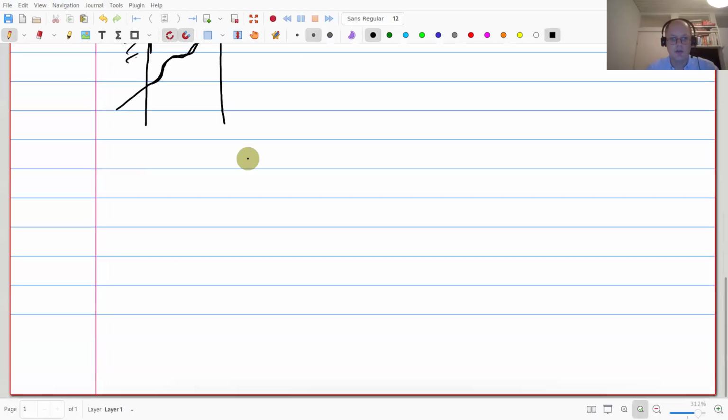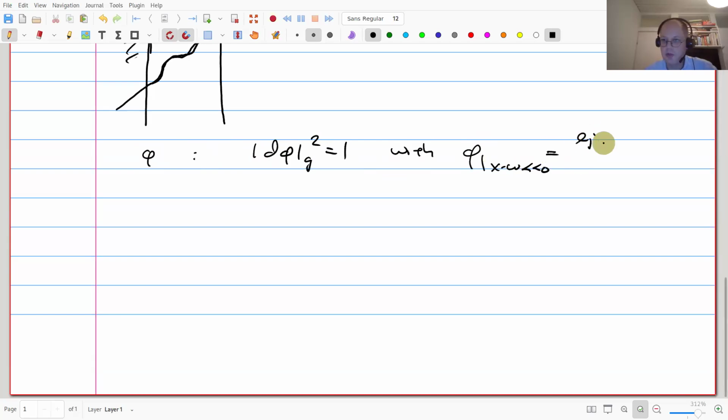So I need to go here and let's have some more space. So let's consider this phi, which is now the solution to the eikonal equation with this boundary condition, so initially it is one of these diagonals. So let's say directions j and k, and then you just normalize.